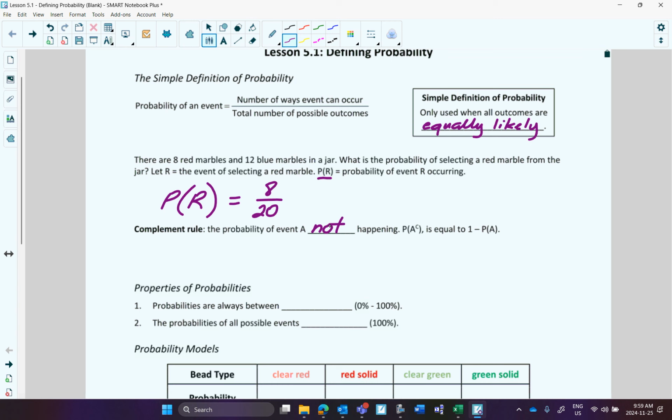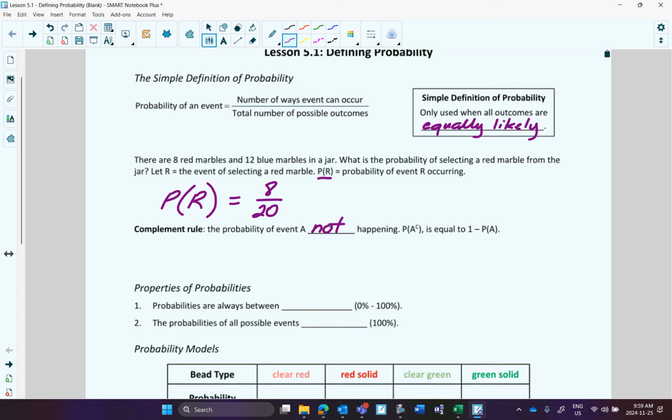Because if I flip a coin, the probability of getting heads is 1/2. The probability of tails is also 1/2, because there's only 2 choices when you flip a coin. They add up to 1.